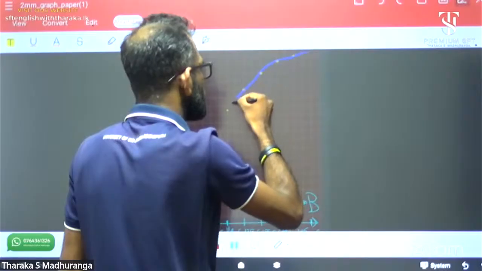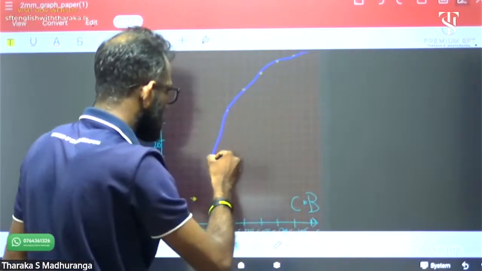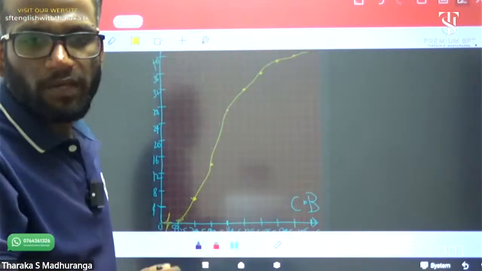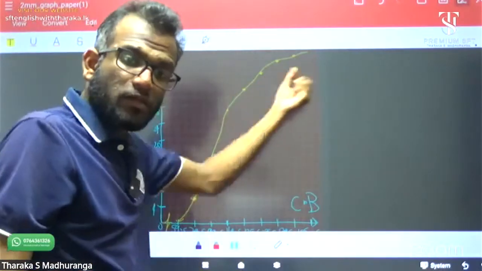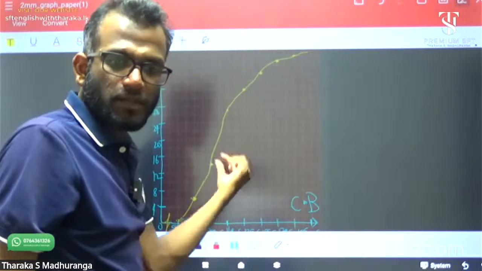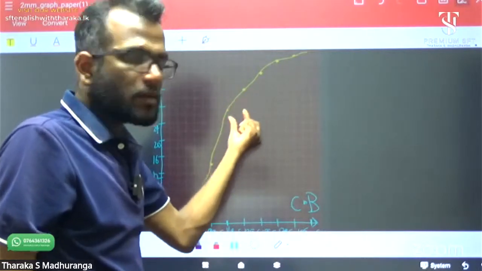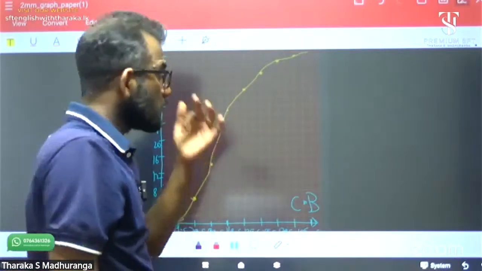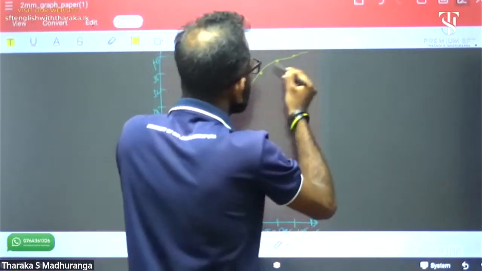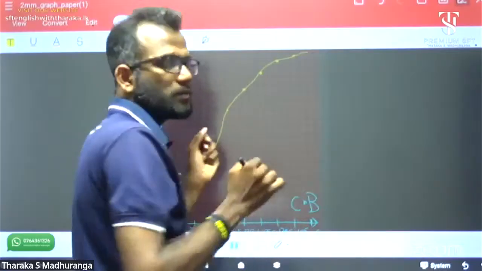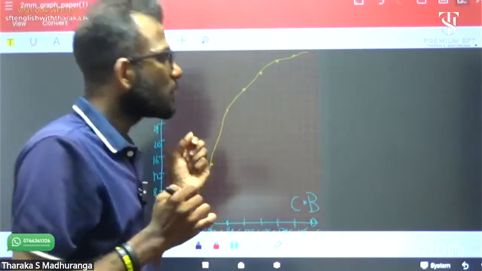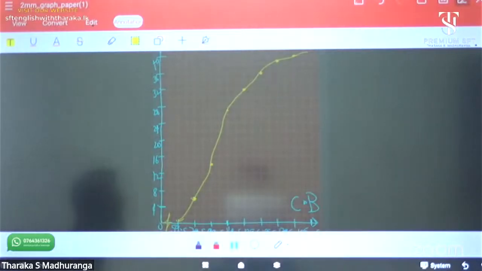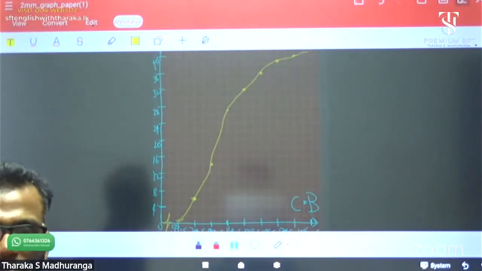You can draw this graph correctly, but on this board it is very difficult. It should not come like this. You have to draw a smooth curve. It bends here and there, that's not acceptable. Smooth graph. Smooth curve.